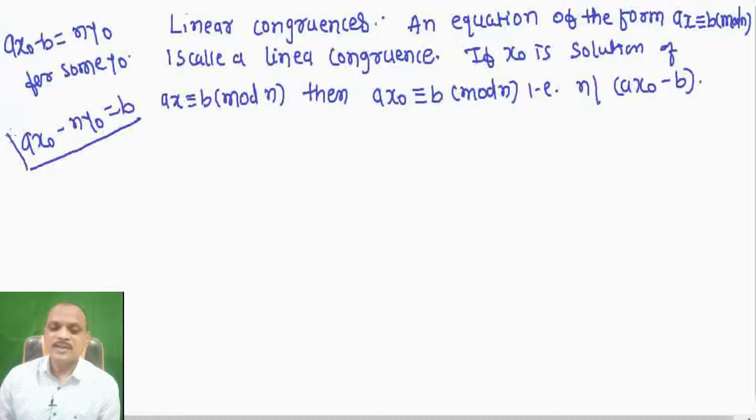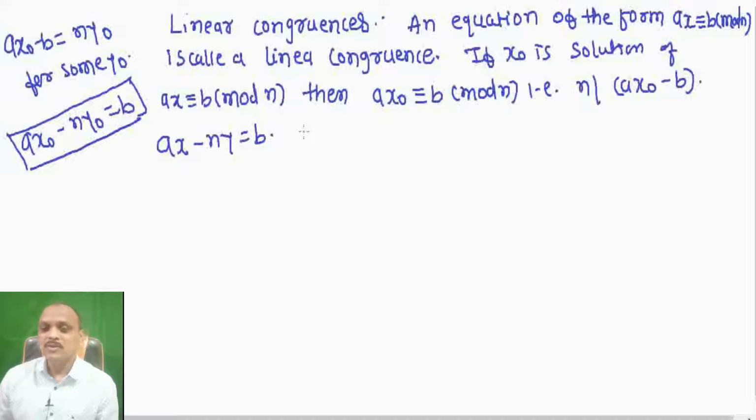It relates us to the linear Diophantine equation ax minus ny equals b. So this is similar to a Diophantine equation ax minus ny equals b having a particular solution x0 and y0. We know that the linear Diophantine equation has a solution if and only if the greatest common divisor, here in this case of a and n, equals d.